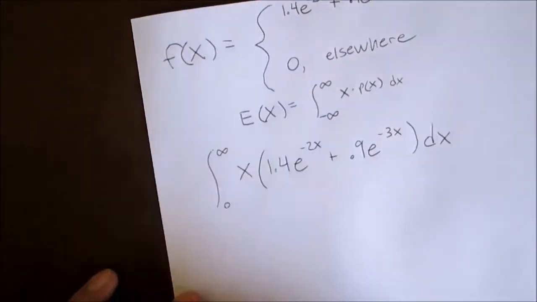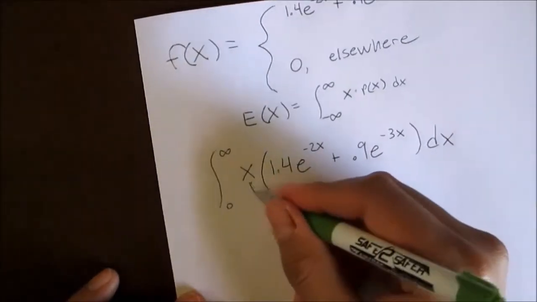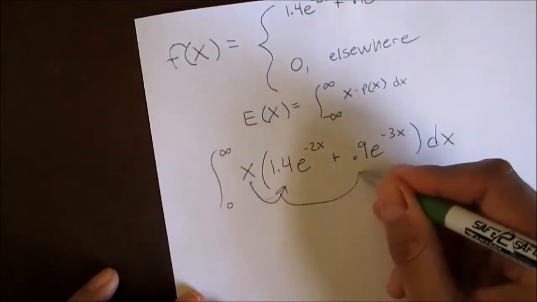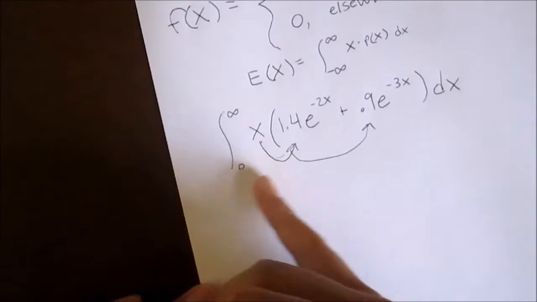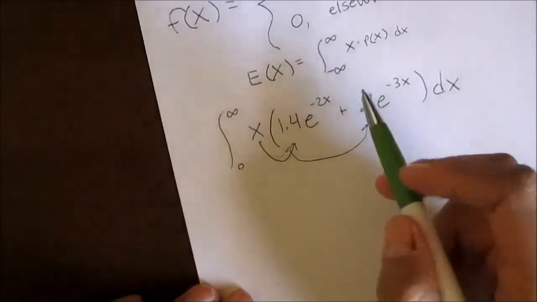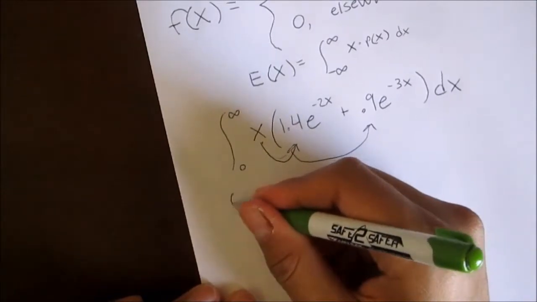Okay, and now we're just going to distribute, so bring this x into this and into this. I'm also going to break this integral up because it's being added here. So what we're going to have then is two integrals.